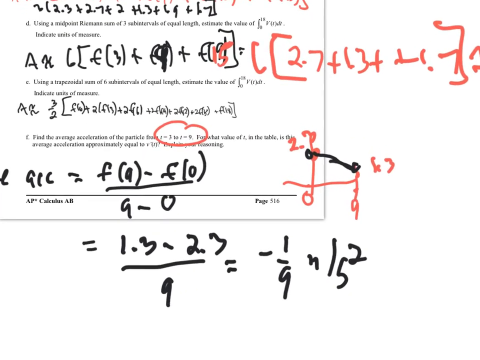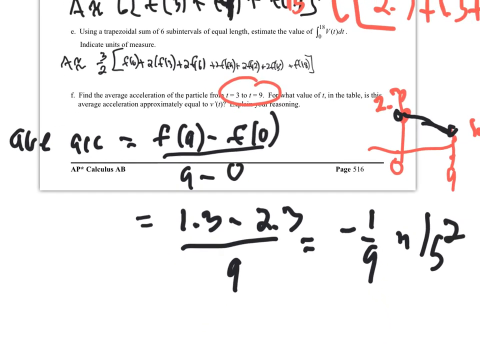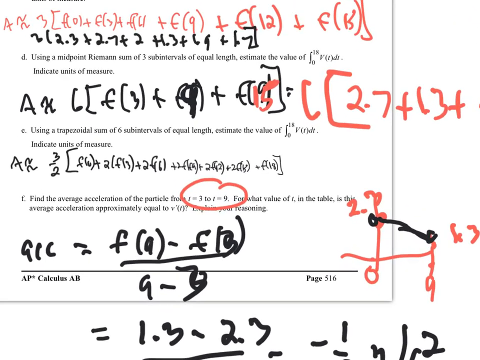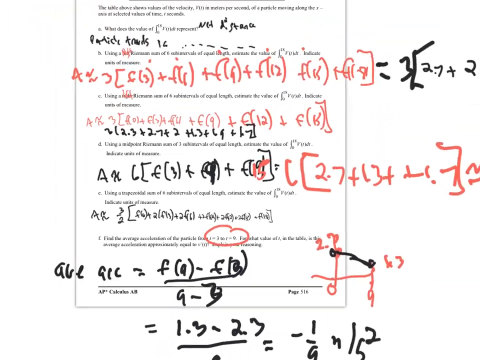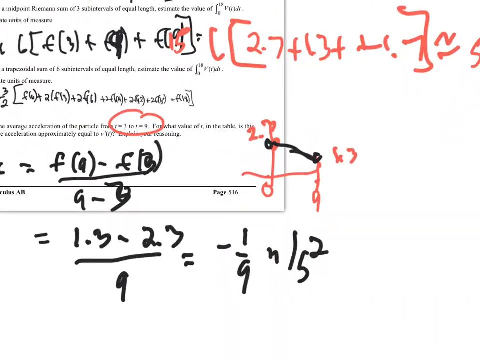Oops, I didn't read it right. It's 3 to 9, not 0 to 9. So it's f of 9 minus f of 3 over 9 minus 3. F of 9 was 1.3, but f of 3 is 2.7, sorry, 2.7.